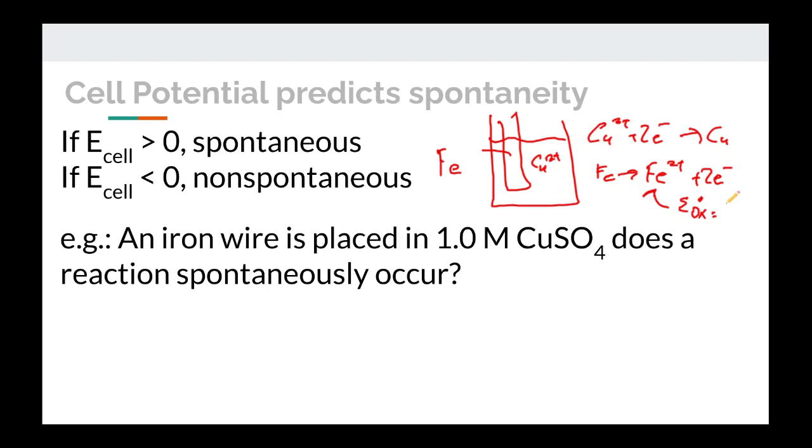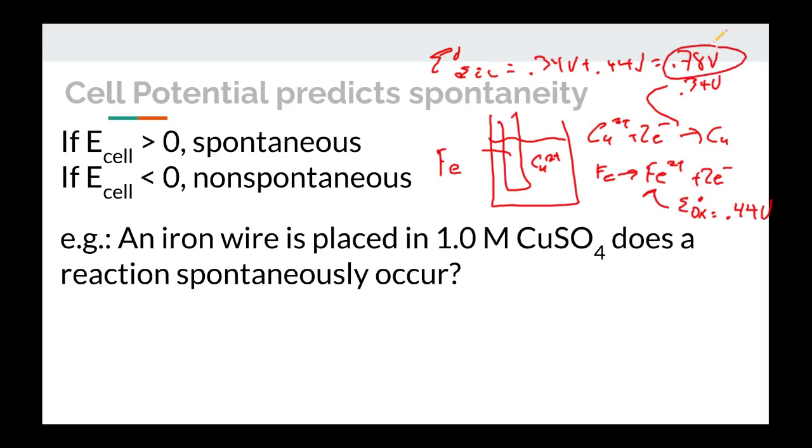The reduction potential is negative 0.44 volts, so this is positive 0.44 volts. And we know that this reduction potential is positive 0.34 volts. So when you sum those together, the standard cell potential is 0.34 volts plus 0.44 volts, which is 0.78 volts positive.